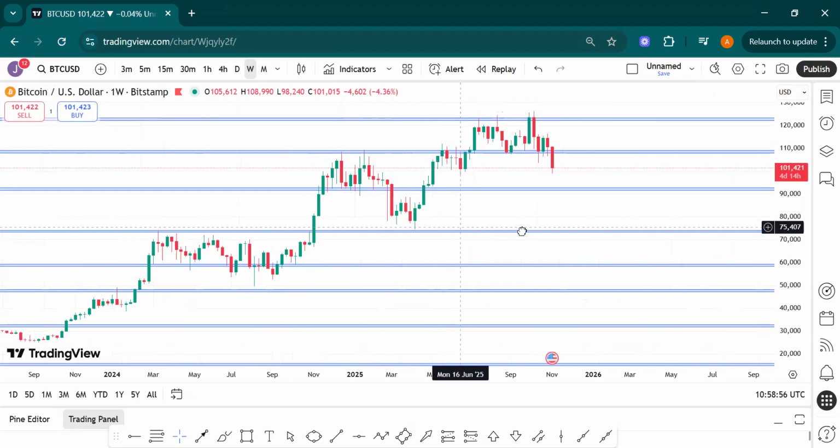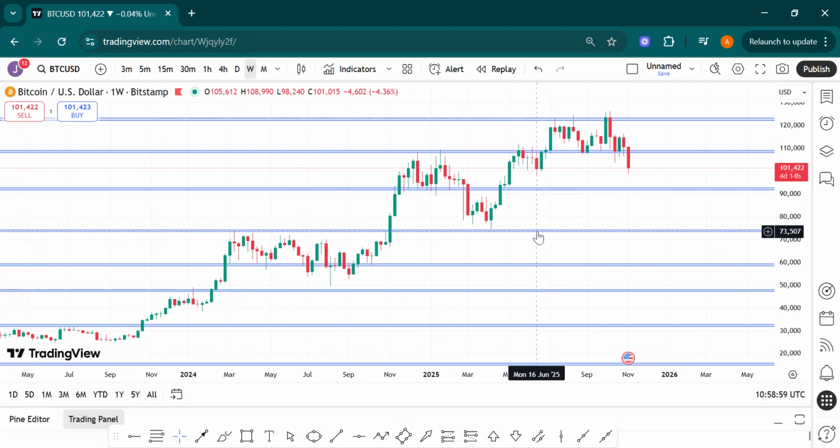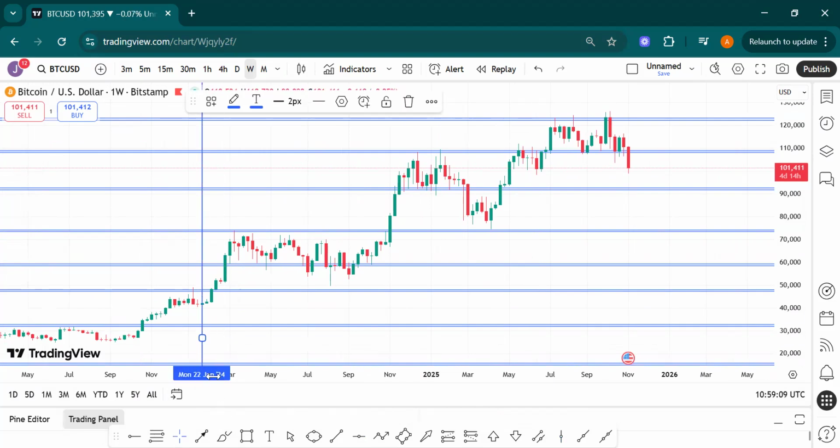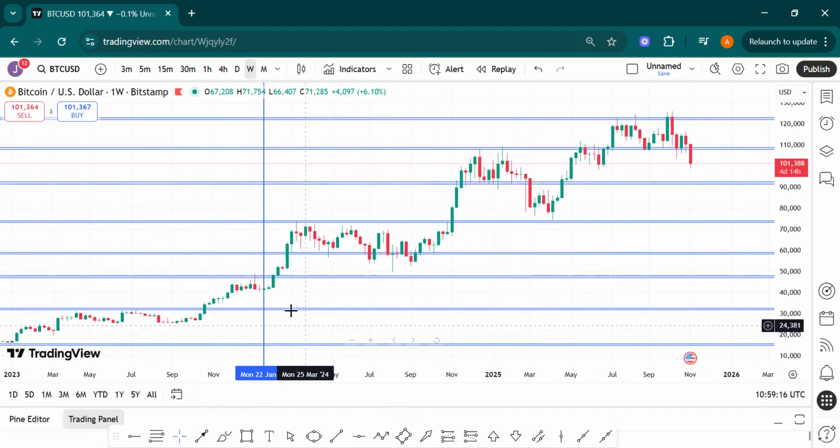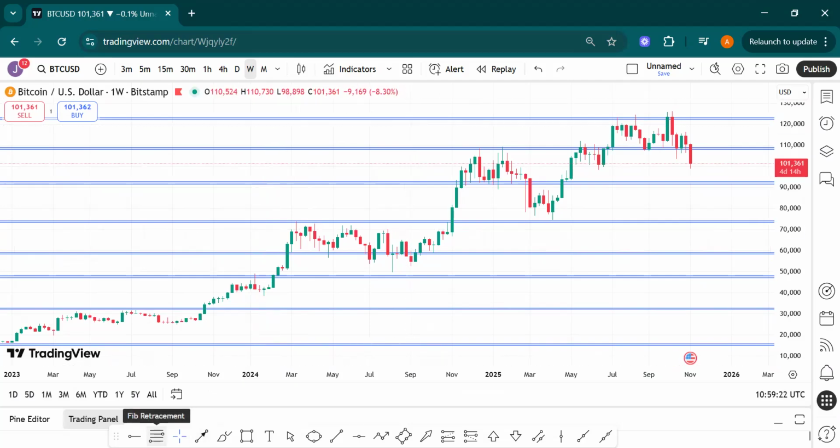Now, what I want to show us was something I tried to explain in my last video, and that's the fact that if we go as far back as 2024, or let's say from January 2024, we can see that each time Bitcoin made an impulsive move, it made a retracement back to a particular zone.